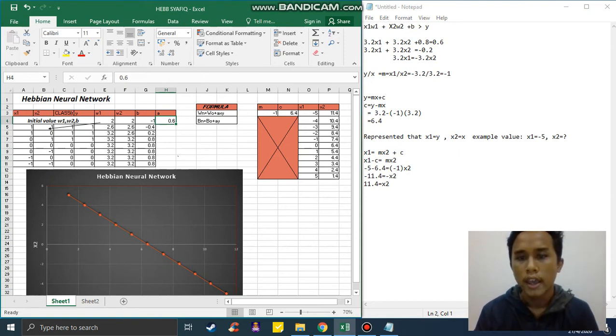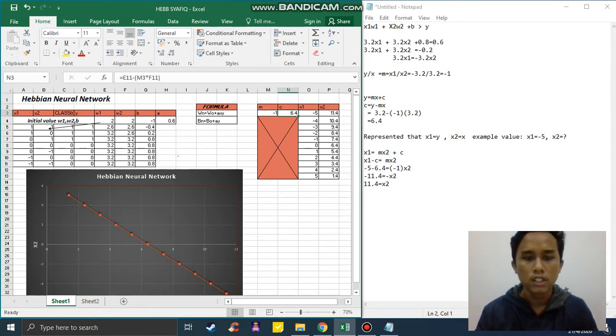Then we calculate the equation to get m, which represents the gradient, m equal to x1 over x2 equal to -3.2 over 3.2 equal to -1. That's why our gradient is -1.